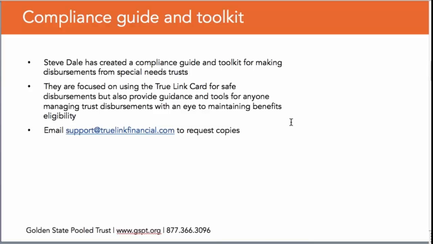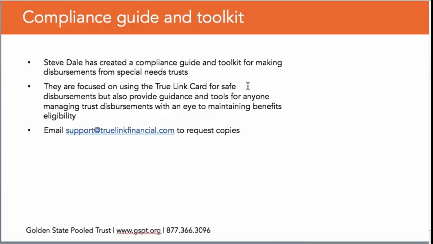What would I want? Part of it, and we do the same thing with the Golden State Pooled Trust, is that we start off with a distribution plan, which Claire's going to talk about. Basically, we pre-approve the disbursements and use the card to carry them out. The premise of a special needs trust is that the trustee has to show sole and absolute discretion.